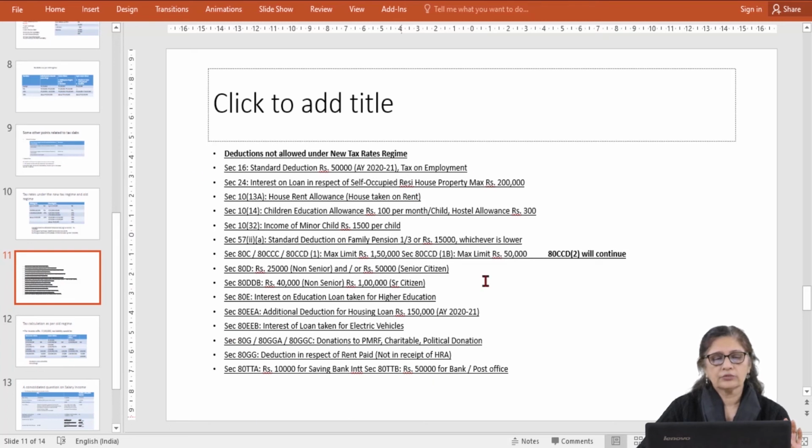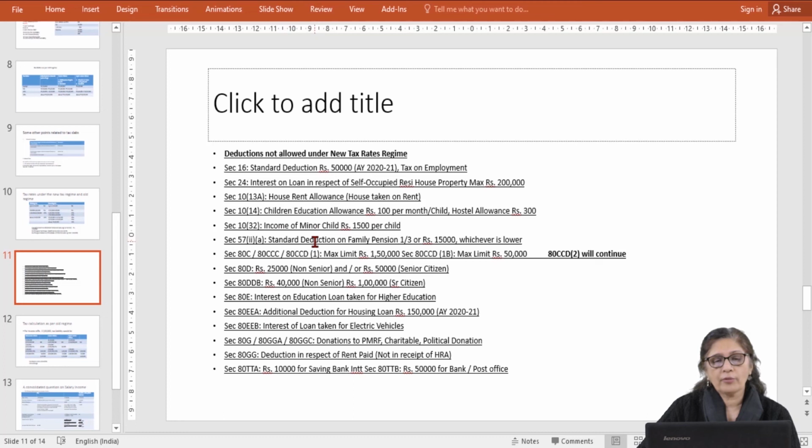These deductions are not allowed under the new regime. Standard deduction of 50,000 not allowed. 2 lakhs of interest on loan for self-occupied house property, section 24B, not allowed. Exemption on house rent allowance, children education allowance, hostel allowance, income of minor child, 1,500, not allowed.